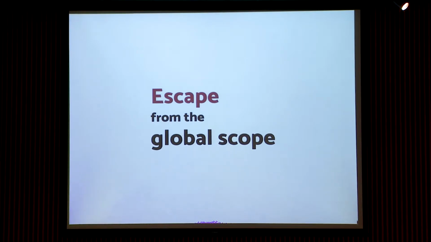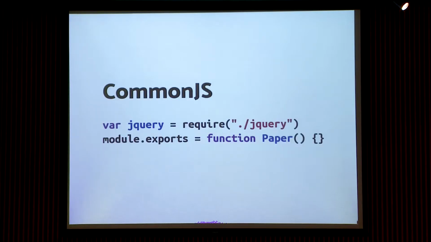So in 2009, Node was announced, and it used a module system called CommonJS. CommonJS was actually a slightly bigger set of specifications, but I don't think any of that caught on, only the module system that it defined, which uses a form of explicitly declared dependencies and also completely cuts out the global scope, basically.